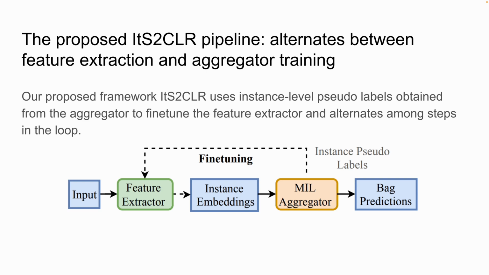What we propose is that we leverage the pseudolabels learned in the multiple instance learning aggregator and use them to fine-tune the feature extractor. Since you have a better instance representation, you can get better pseudolabels, which iteratively helps you conduct another round of fine-tuning. So the idea is that we alternate between feature extraction and aggregator training.